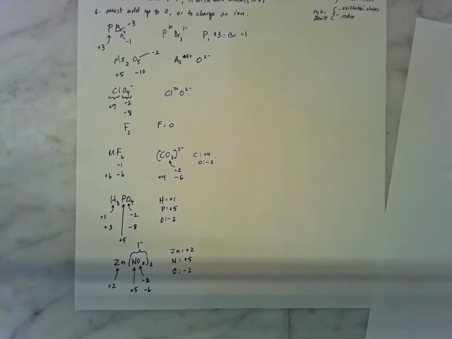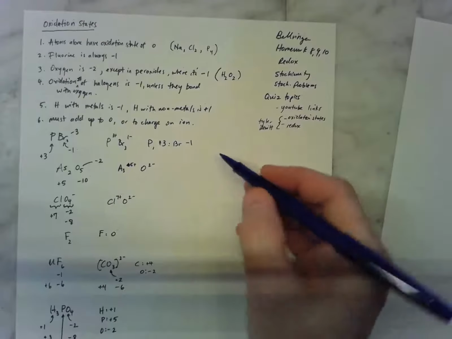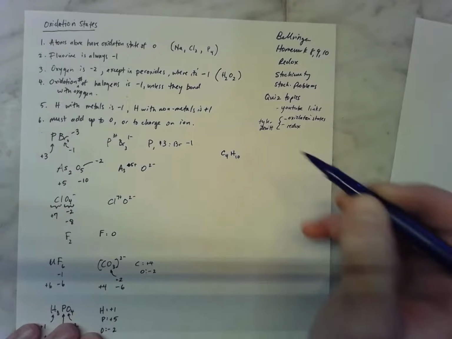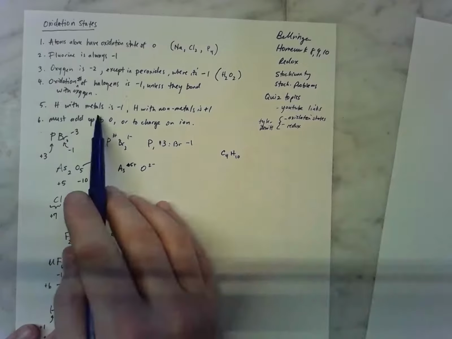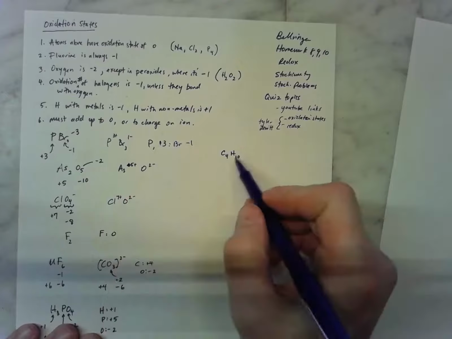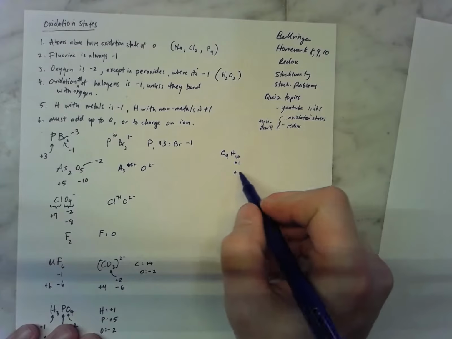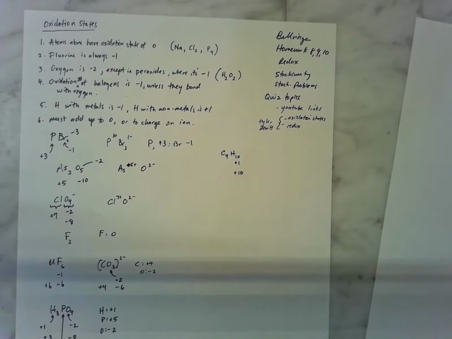We're getting closer here. Let's come up here. All right. So C4H10. Very straightforward. Is it with a metal? Nope. It's with a non-metal, so it's a +1. So we've got a +1, and what does that give us? A +10. Okay.